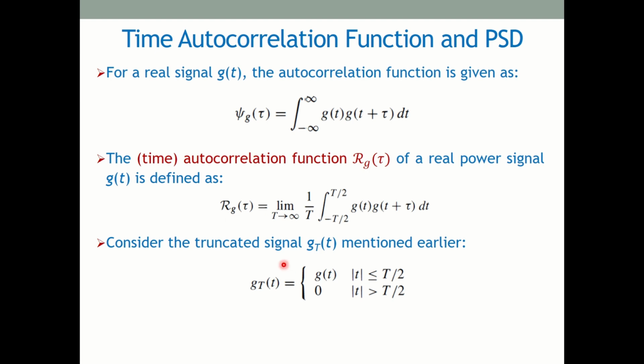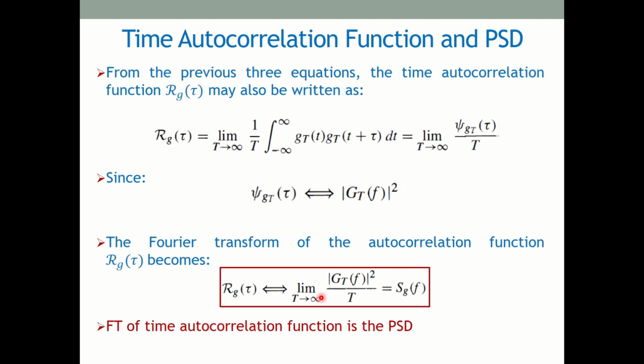So now we consider the same truncated signal gt that was mentioned earlier. We know it's equal to the actual signal gt within this interval, and outside this interval it's equal to 0. So from the previous three equations, the time autocorrelation function may also be written as this expression.